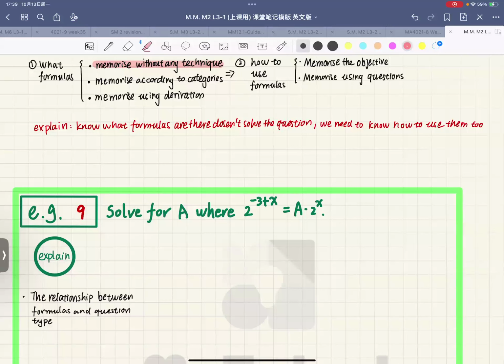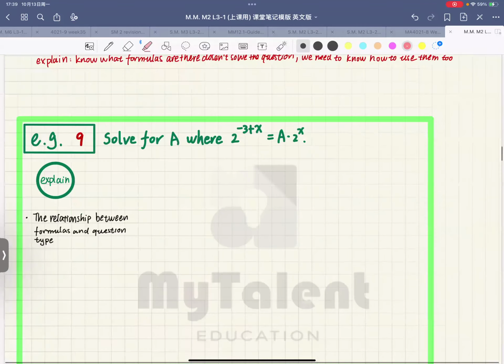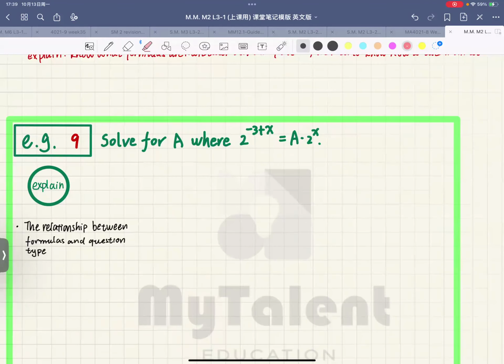Same with the formula. If you have enough practice, it's gonna build up in your mind. You don't need to memorize it. You just naturally memorize all the formula, right? So practice.